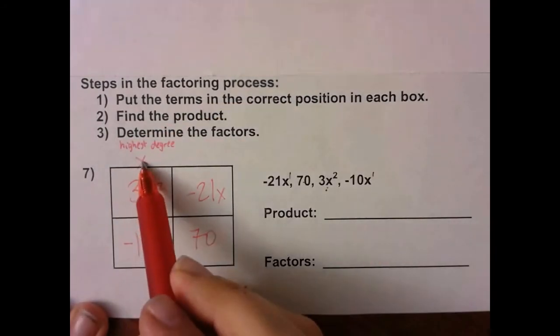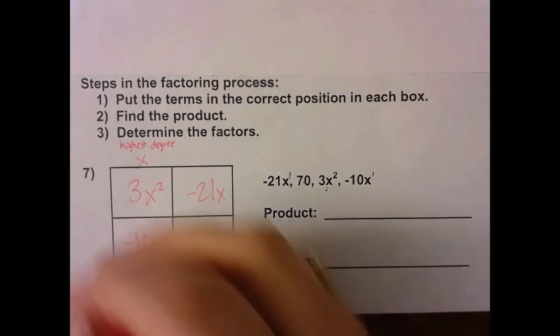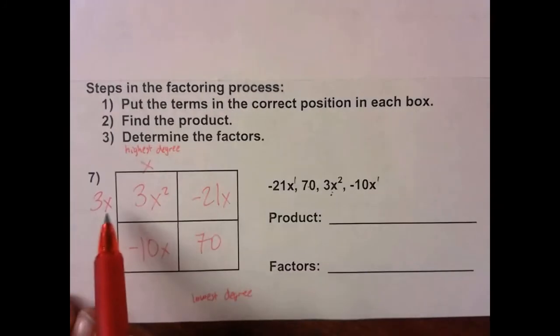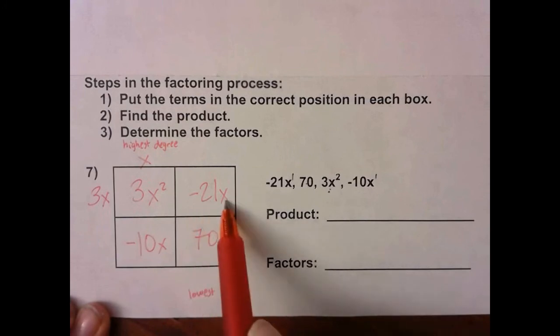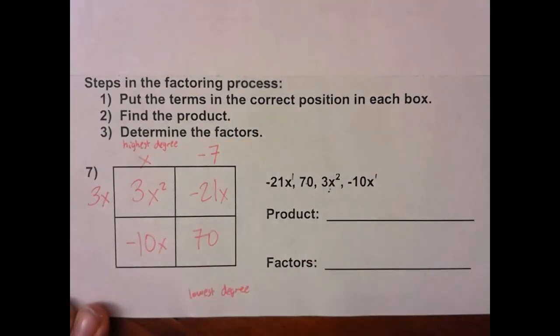Okay, ask yourself, what times x gives me 3x squared? 3x. All right. Then 3x times what gives me negative 21x? That'd be negative 7. And then what times x gives me negative 10x? Well, that'd be negative 10.